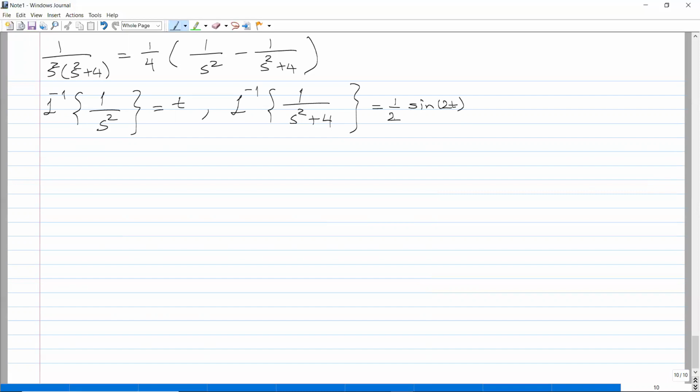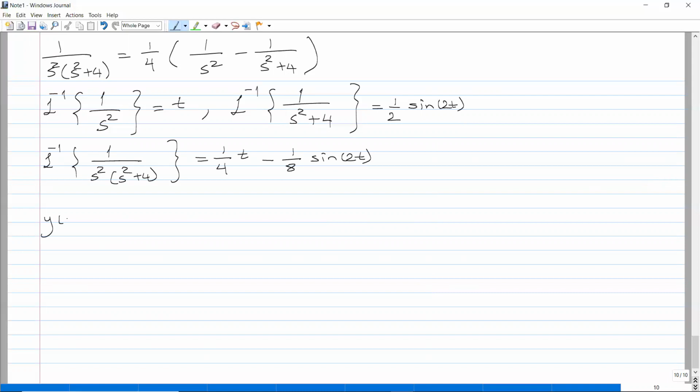So it is 1/2 sine 2t. Let me check. Okay. Yes. So the inverse Laplace of the function 1 over s squared times s squared plus 4 is 1 over 4 t minus 1 over 8 sine 2t.